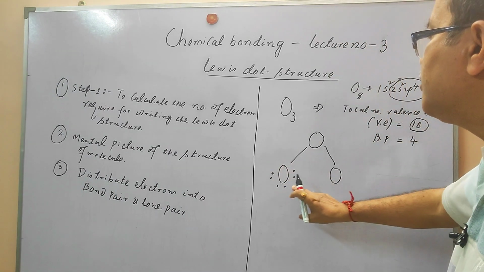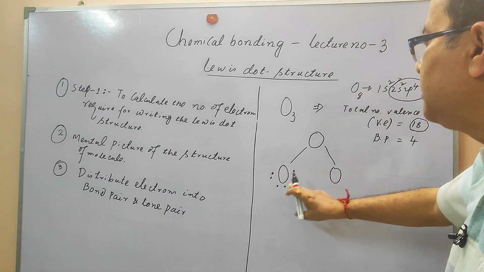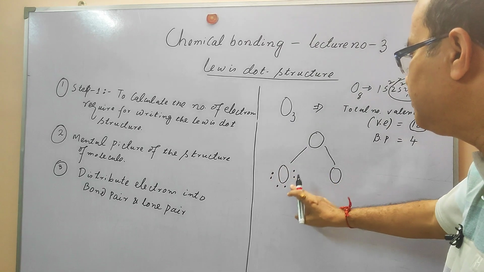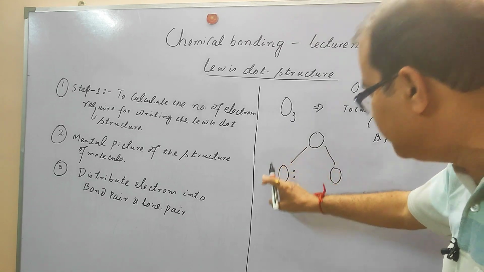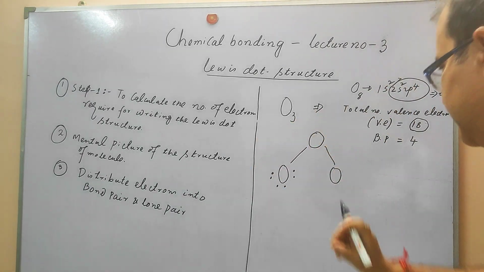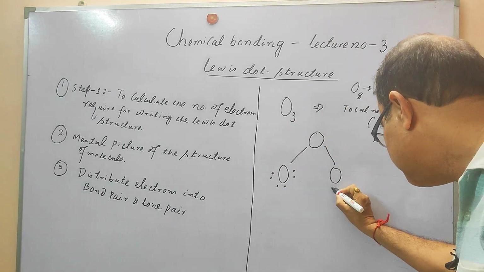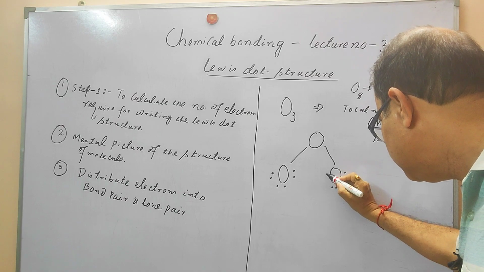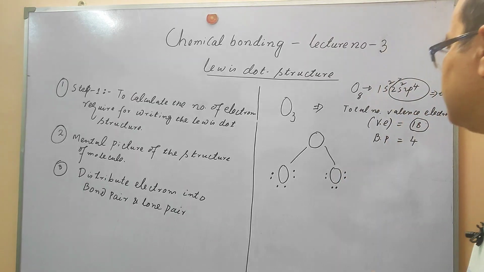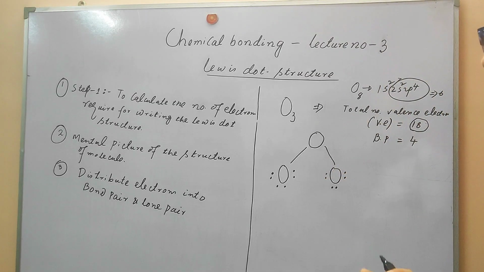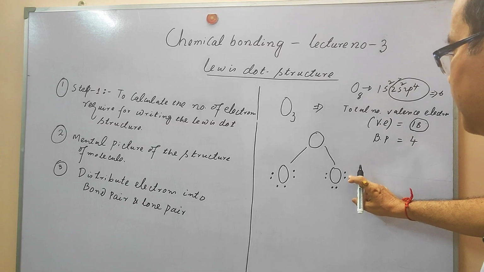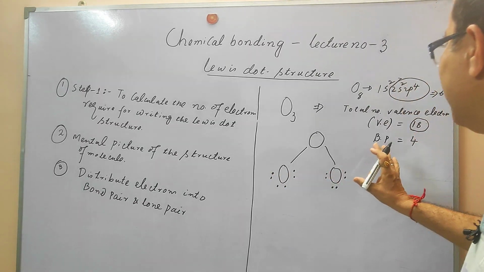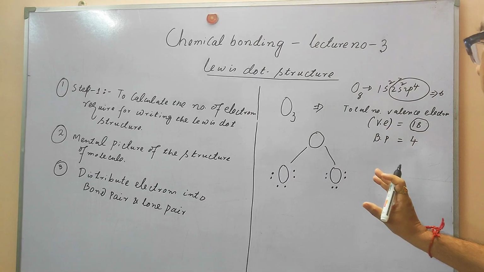In total we have used 6 electrons, and we find the octet of this oxygen atom has been fulfilled. Now we go to this oxygen, 2 electrons, 2 electrons, 2 electrons, so that each octet is also completed. So here you can see 1, 2, 3, 3. Total 12 electrons you have utilized.